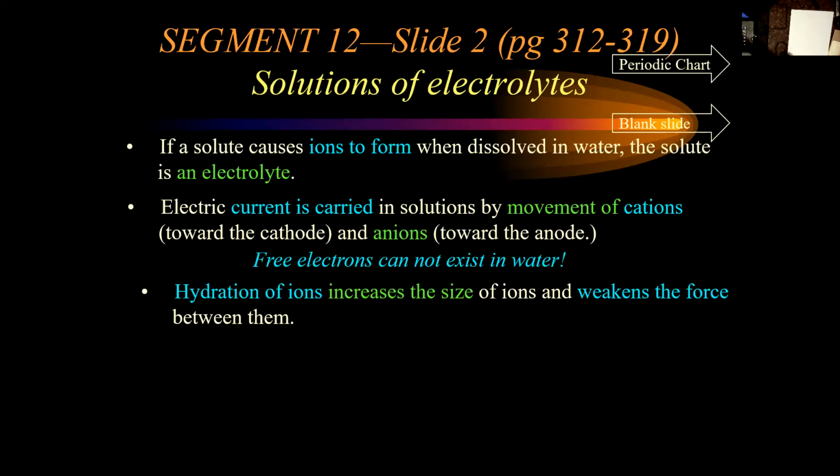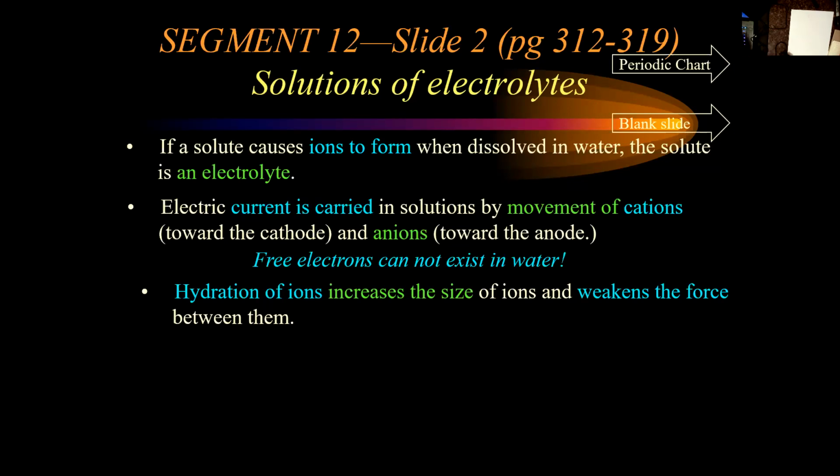The water molecules hydrate around the sodium ion, it gets bigger, and that weakens the force between it and the chloride ions that are there. So it can drift off, and then the water molecules can flip over the other way, hydrate around the chloride ion, and it slips off and goes out into solution as the hydrated ion.